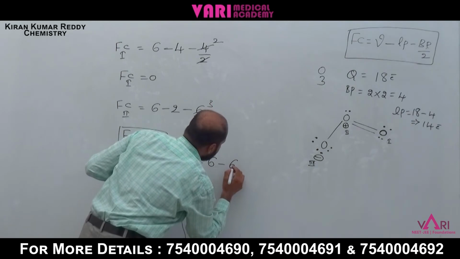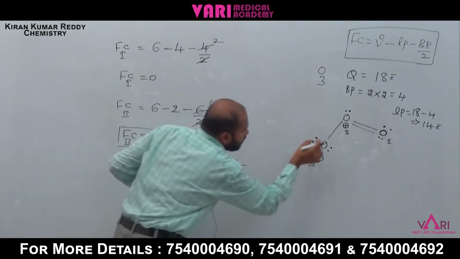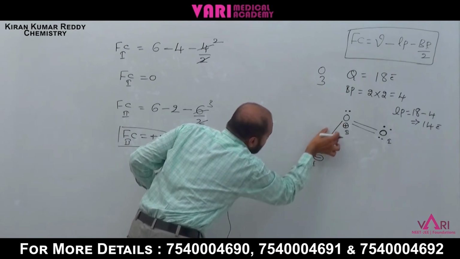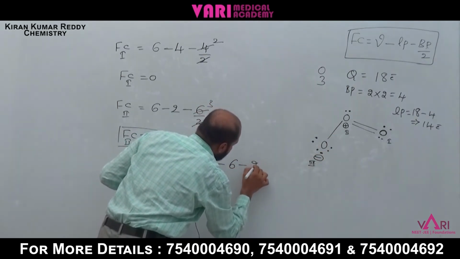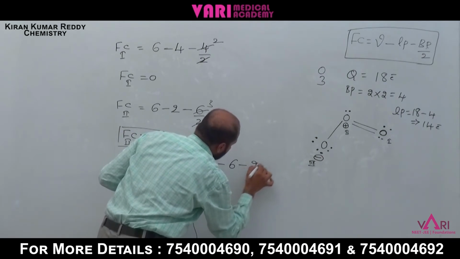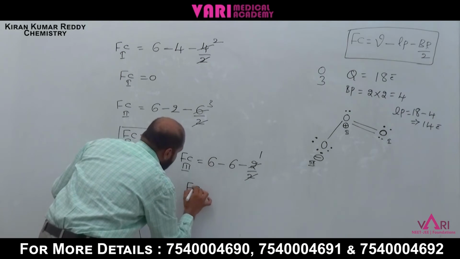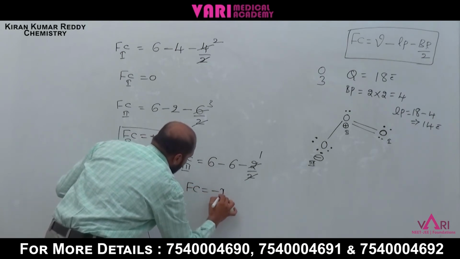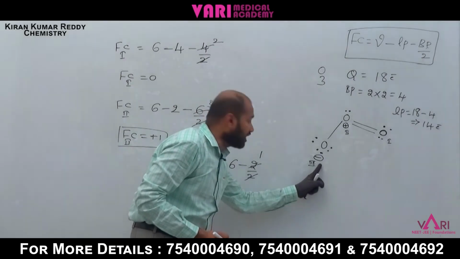Six lone pair electrons, minus bond pairs, which is 2 into the number of bonds. This is 1 only, so 2 into 1 is 2, and 2 by 2 is 1. So the formal charge is equal to minus 1. A minus 1 charge is present on the third oxygen.